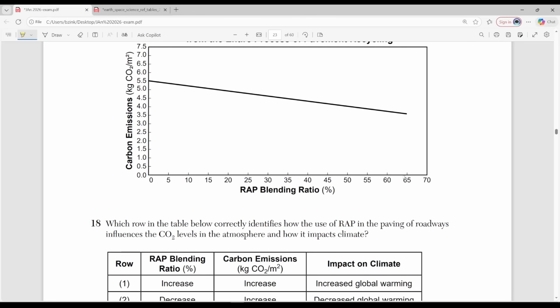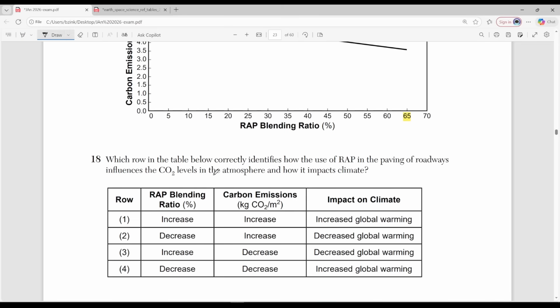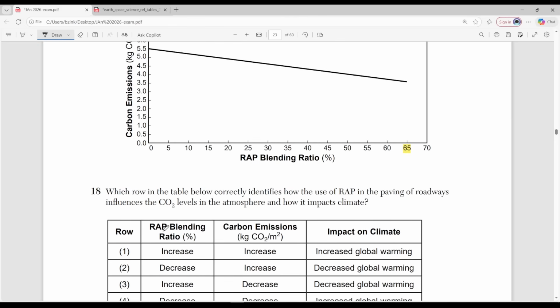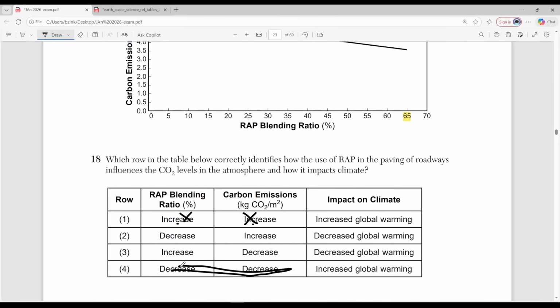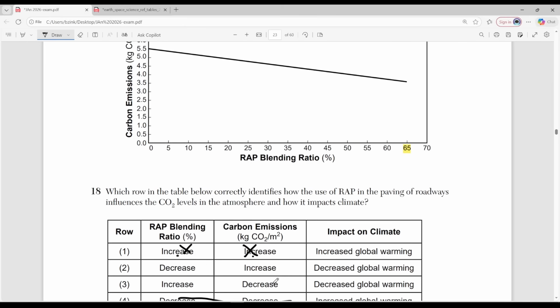So meaning if this is higher, there's less carbon put into the air, which I guess they're going to assume is going to increase global warming. So if there's a higher ratio, then that will increase. No, so this is wrong. So we want an inverse relationship. So this is automatically wrong. So if we increase, then we're going to decrease carbon emission, which is decrease global warming. 3. This was very, very easy. 1 out of 10 question.